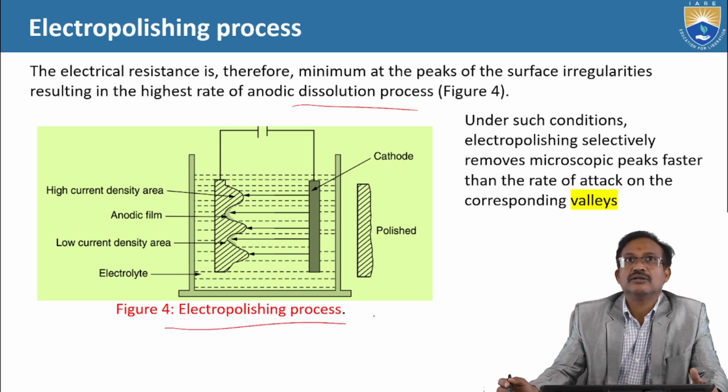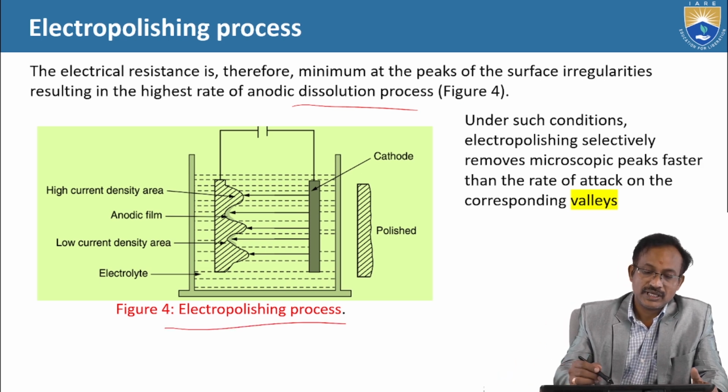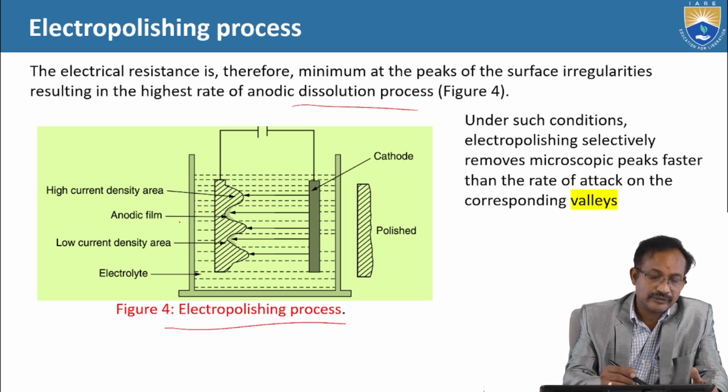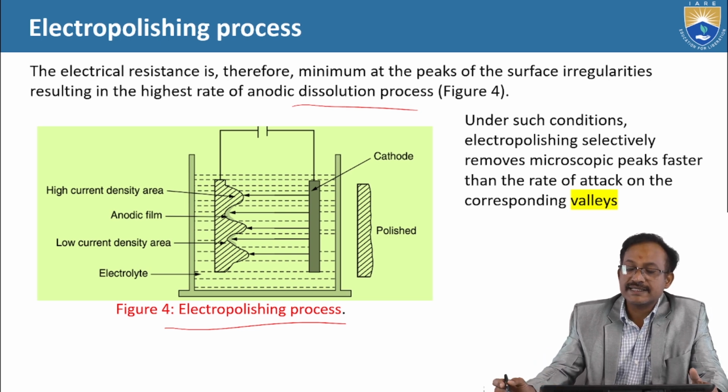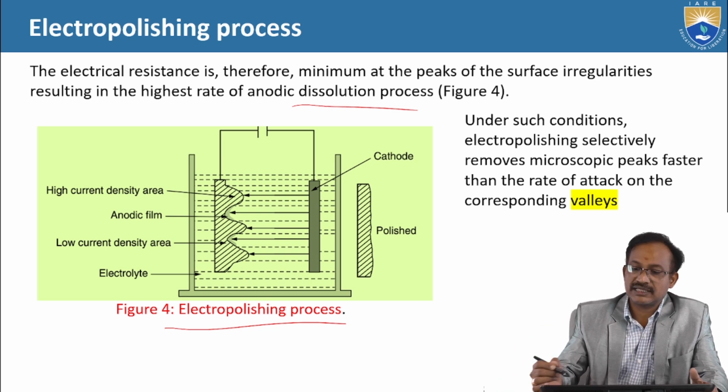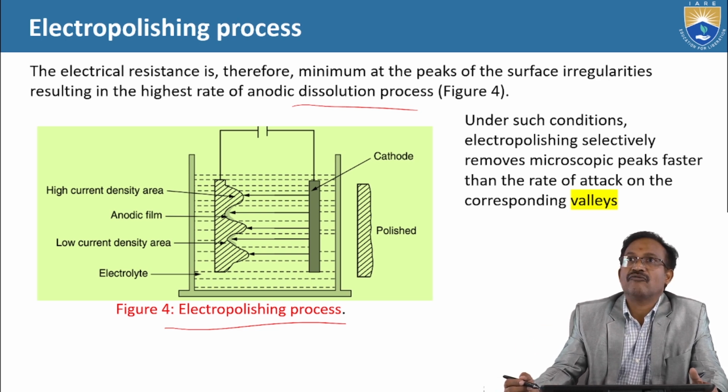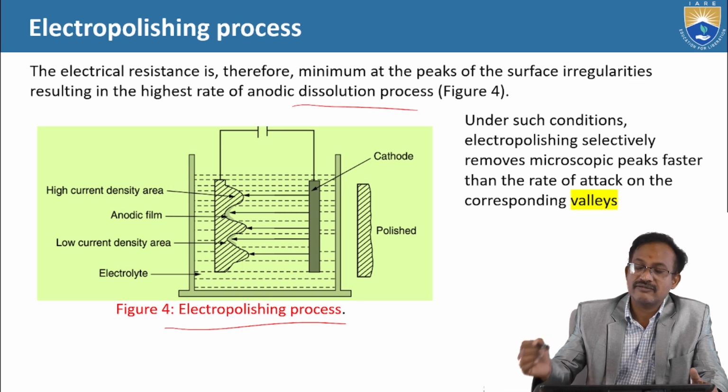Look at this figure here. This is the anodic film. This is the high current density area that we are supplying from the DC, and this is the low current density area. This is the electrolyte, and this is the cathode. Under such conditions, electropolishing selectively removes microscopic peaks faster than the rate of attack on the corresponding valleys.